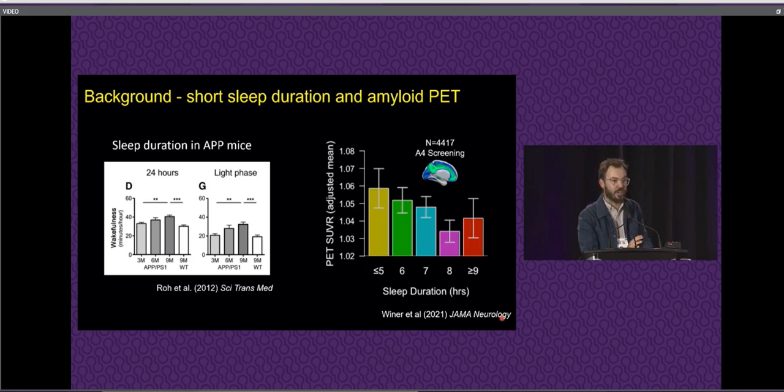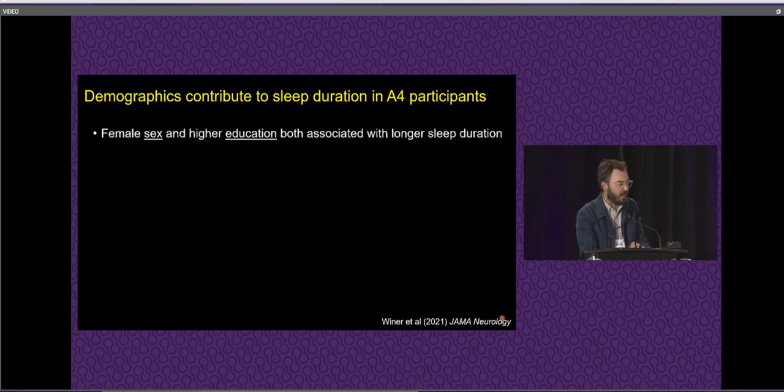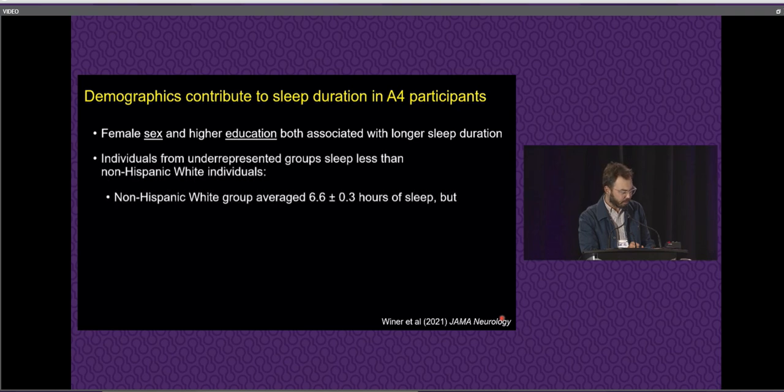But I'm not going to focus on any of those ideas today, because in the A4 screening data set, amyloid was not the only correlate of sleep duration. We also found that female sex and higher education were both associated with longer sleep duration. And we found that individuals from underrepresented groups slept less than the non-Hispanic white individuals.